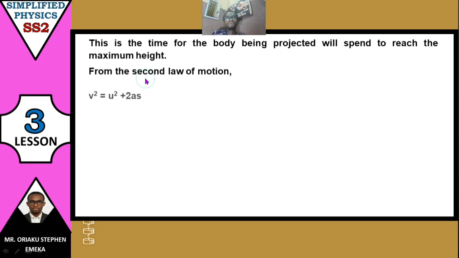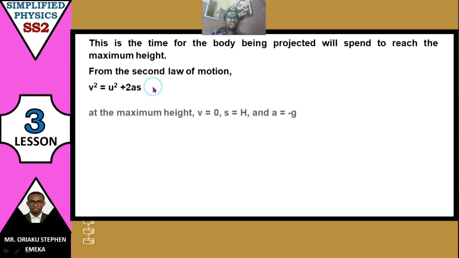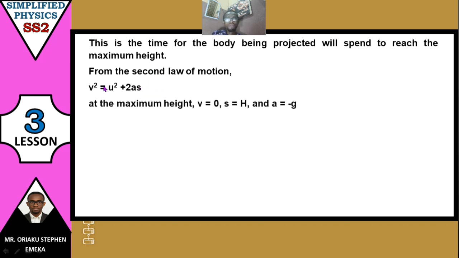From the second law, we are trying to get the formula for the maximum height. For this, v squared is equal to u squared plus 2as. Including all those parameters, v is equal to 0, s is equal to the maximum height, and a is equal to minus g. So this gives us 0 squared equals u squared minus 2gh, and this gives us 2gh is equal to u squared.